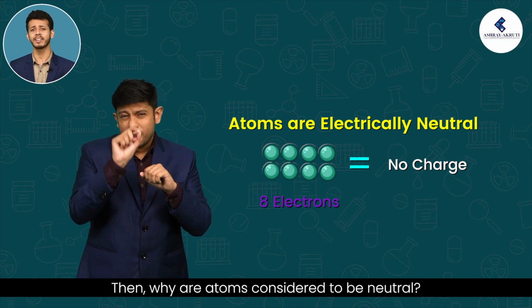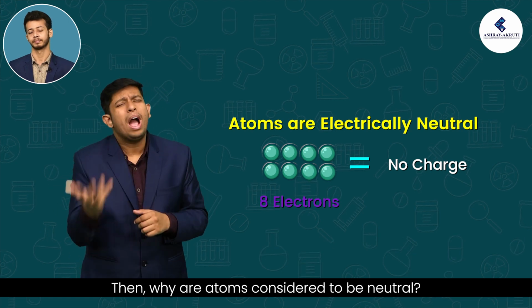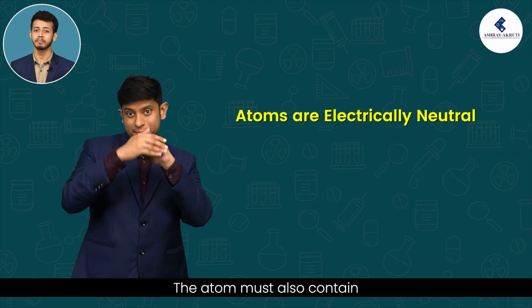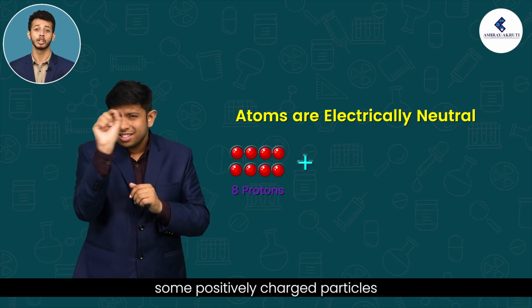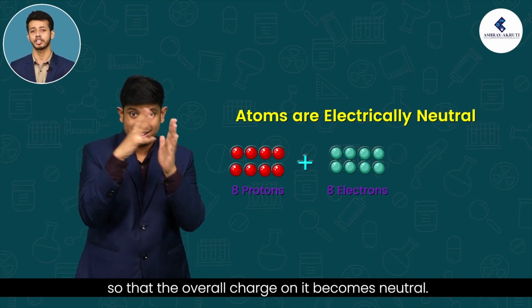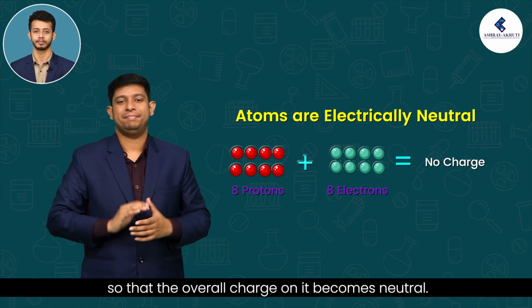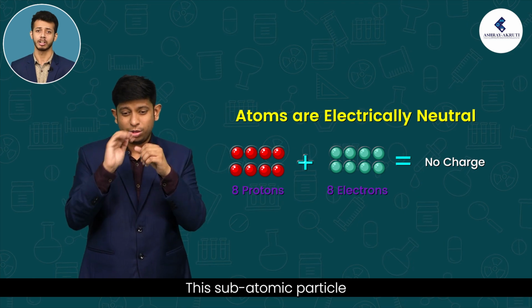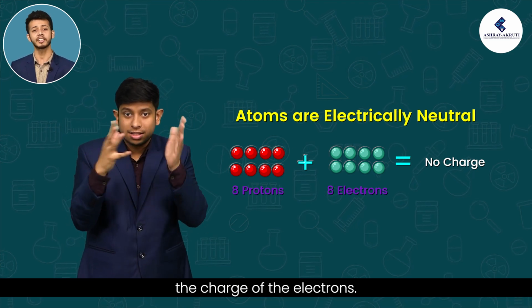Then, why are atoms considered to be neutral? The atom must also contain some positively charged particles so that the overall charge of it becomes neutral. This subatomic particle would have a charge that balances the charges of the electrons.